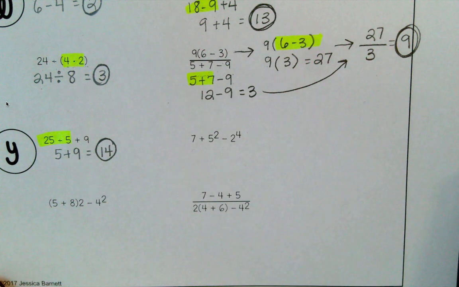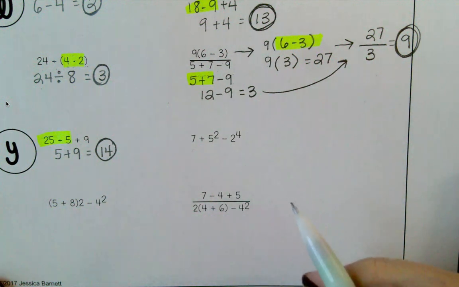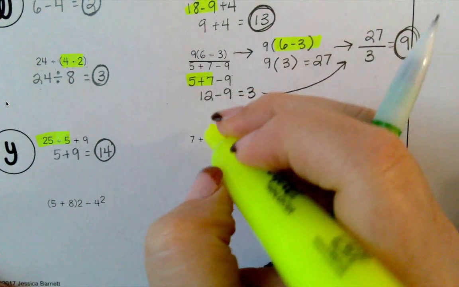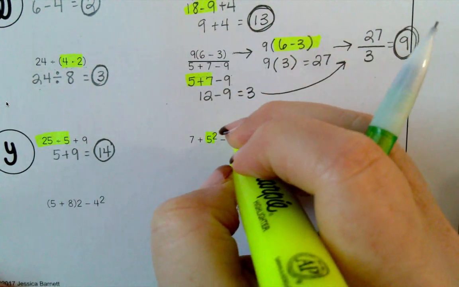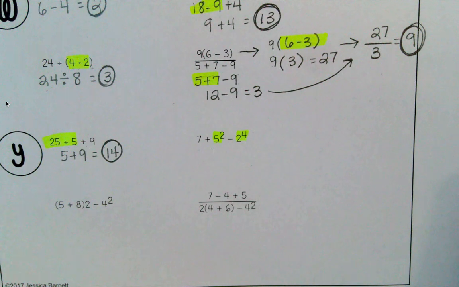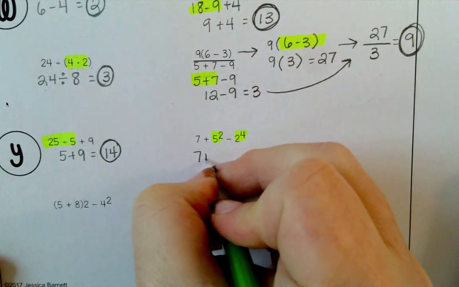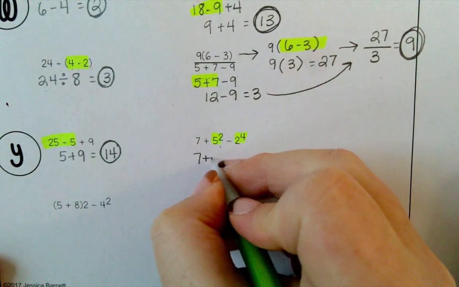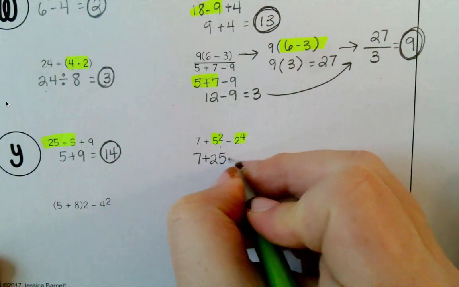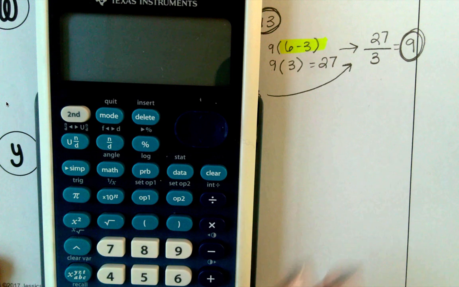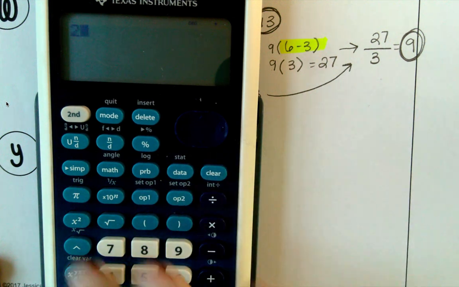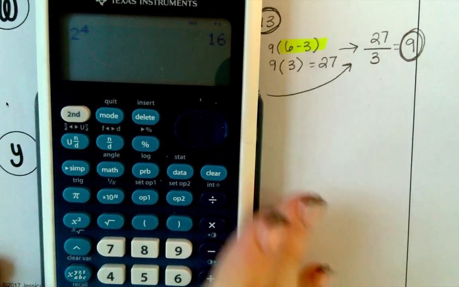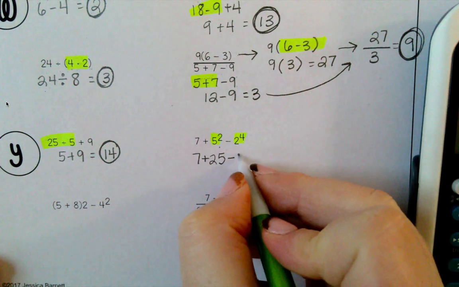Then I have 7 plus 5 to the power of 2 minus 2 to the power of 4. Now, do I have parentheses? No. Do I have exponents? Yes. Here's what I would suggest. I'm going to highlight both of them, okay, and start rewriting. So 7 plus 5 to the power of 2 is the same thing as 5 times 5, so that's 25. Minus 2 to the power of 4, and I get 16, okay?